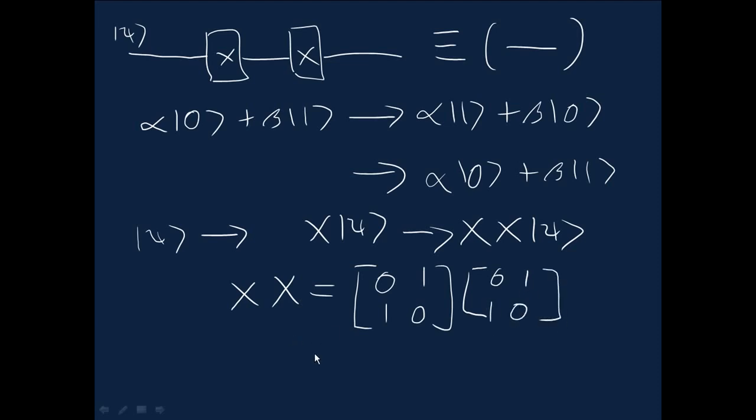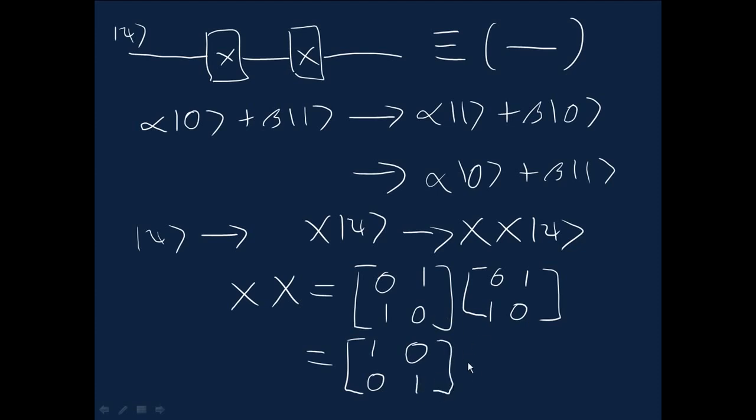And that's equal to, let's look at the top left-hand corner. So it's 0 times 0 plus 1 times 1 is 1. The top right-hand corner, we get 0 times 1 plus 1 times 0 is 0. Bottom left corner, 1 times 0 plus 0 times 1 is 0. Bottom right corner is 1 times 1 plus 0 times 0 is 1.